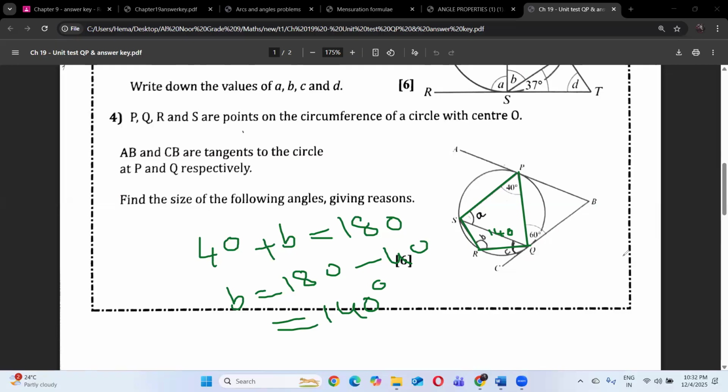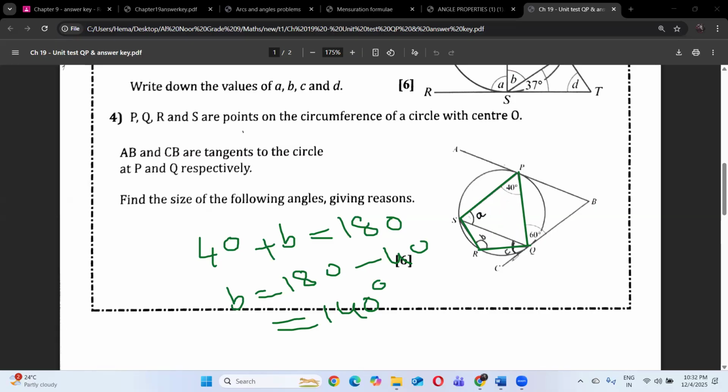Next. Now first I will find the C angle. Can you see where the C angle is placed? I will highlight with red.